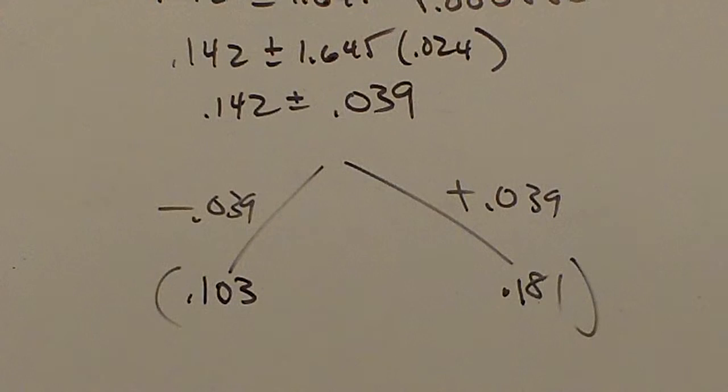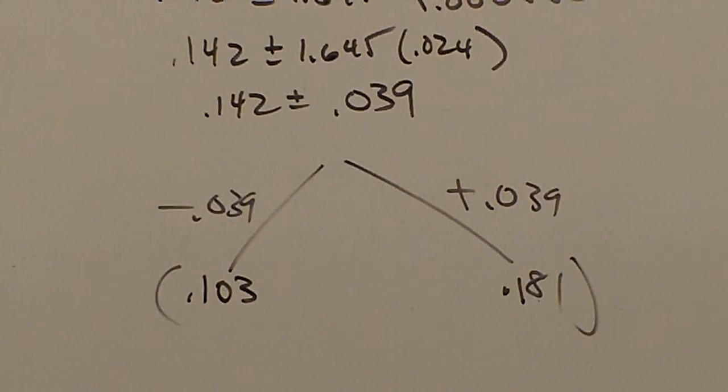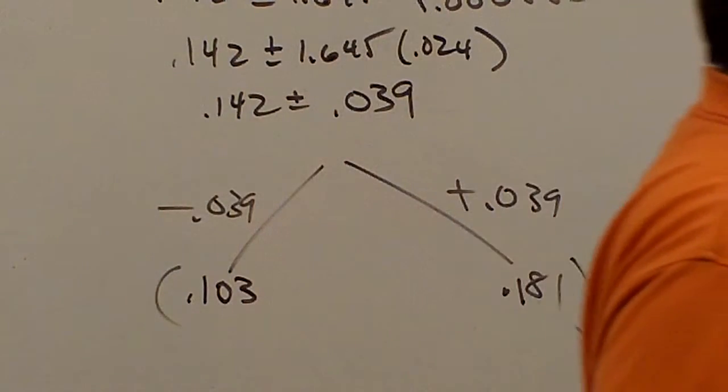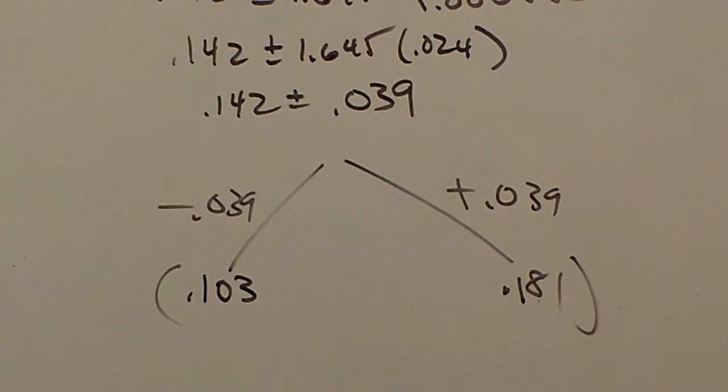How do we do that? We go into stat, but now we go over to test. Stat test. We go down to proportional Z interval. Let me make sure I get the right wording.